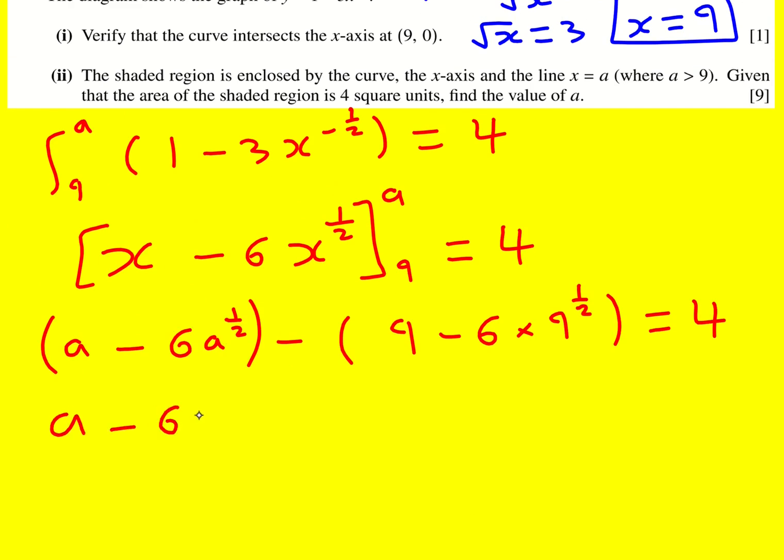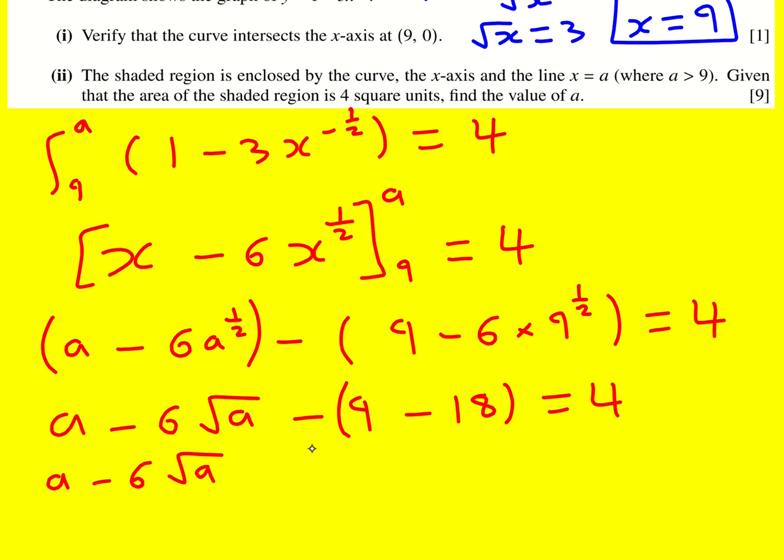I'm going to write a minus 6 a to the half as a minus 6 root a. And then it's going to become minus 9 minus, now this is actually the square root of 9, it's going to be 3, so it's minus 18. So that's going to become minus 9, it's going to become plus 9.